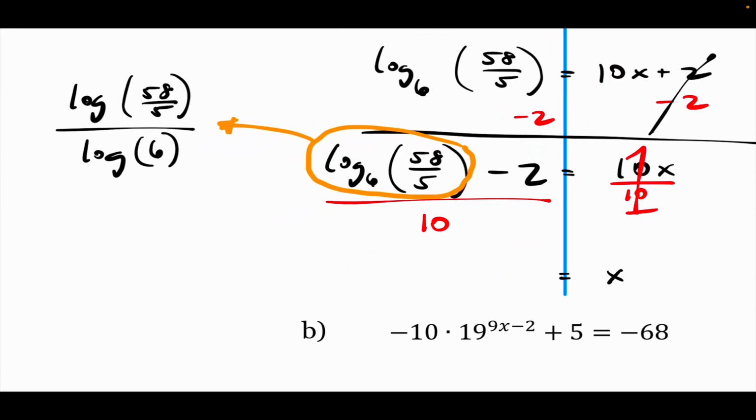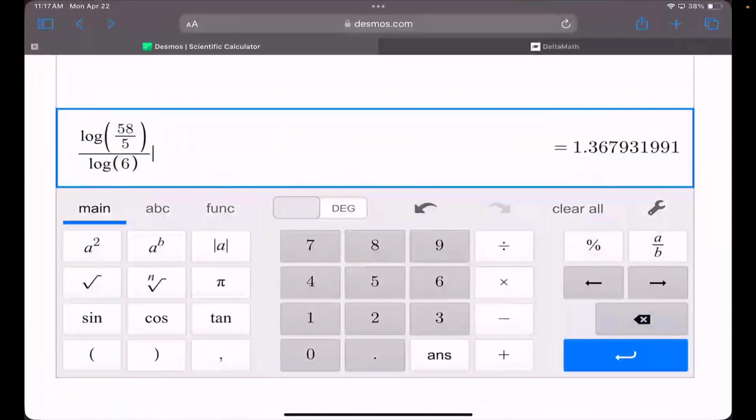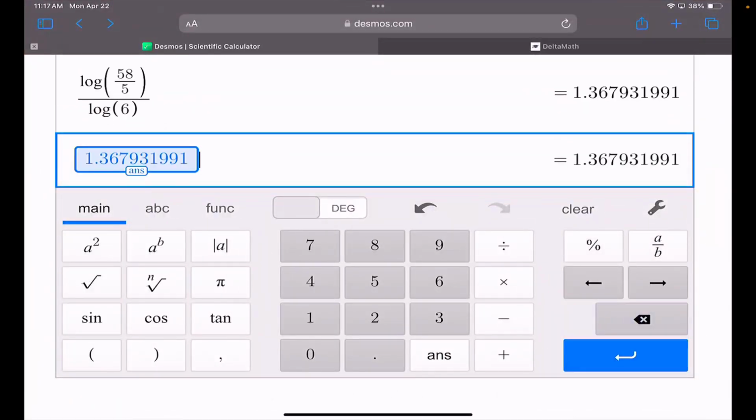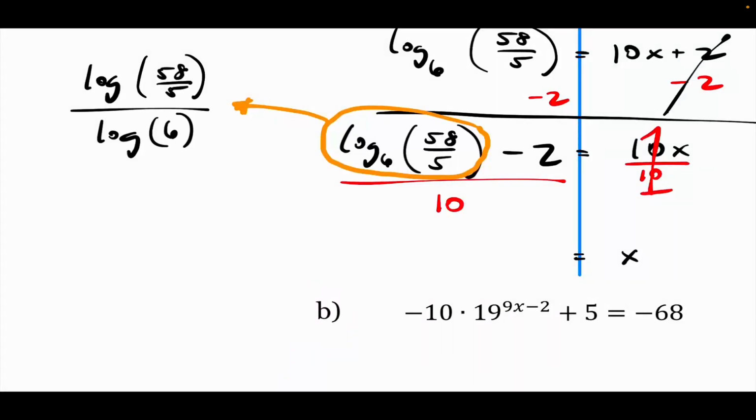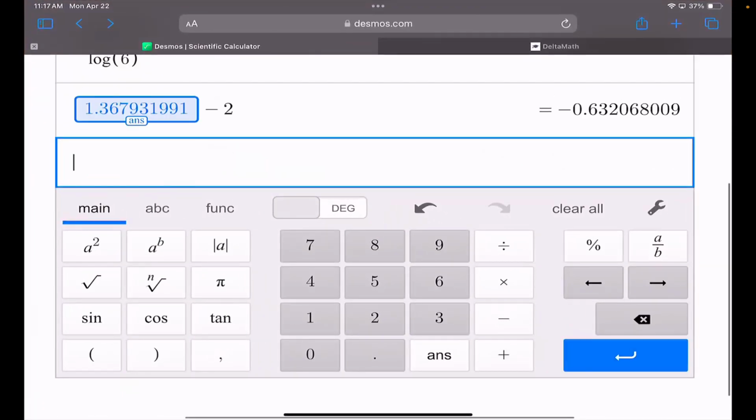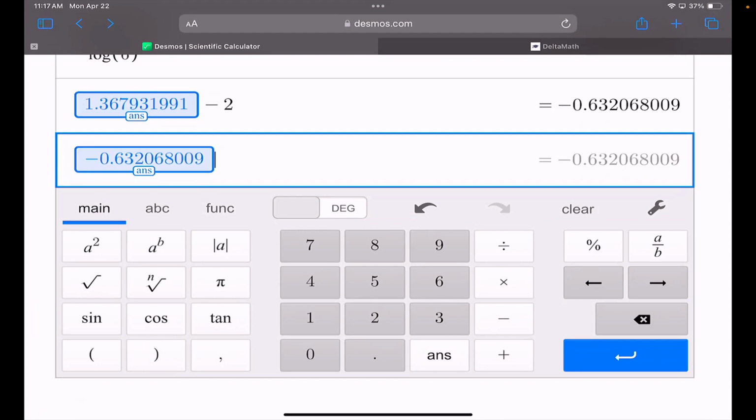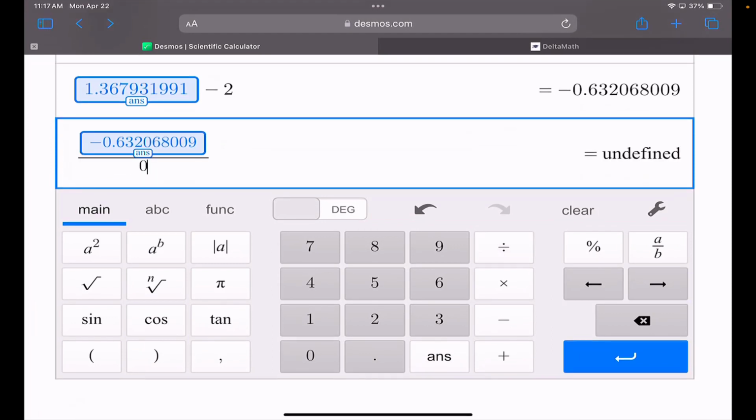I'm going to minus 2. Take my previous answer and minus 2. And then the last thing I got to do is divide by 10. That's the answer I want.